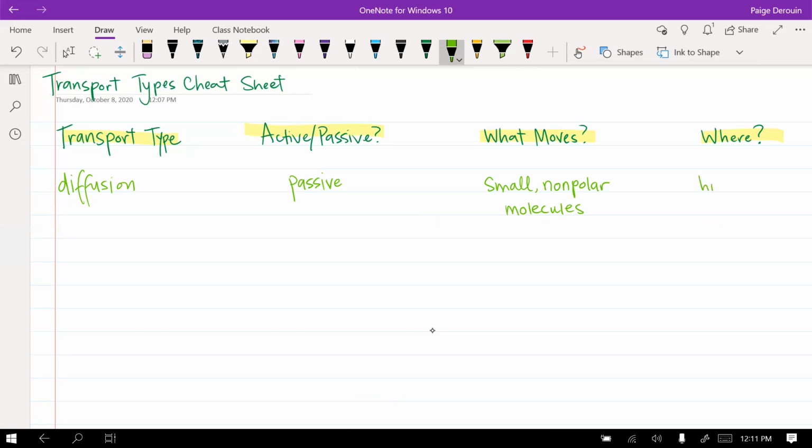So they're going from high to low concentration. Which are we going to call that with the gradient or against? With. With gradient. They're floating down the lazy river.